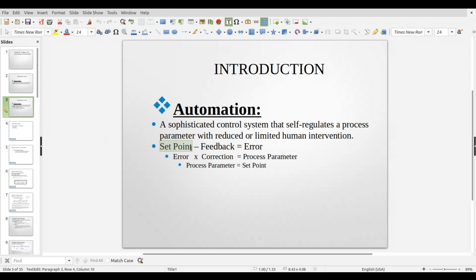You take your set point minus the feedback, and that gives us an error, the difference between where we want to be, which is the set point, and where the system actually is. Once we know this error, we can use it to adjust our control to push the system in the direction that we want.